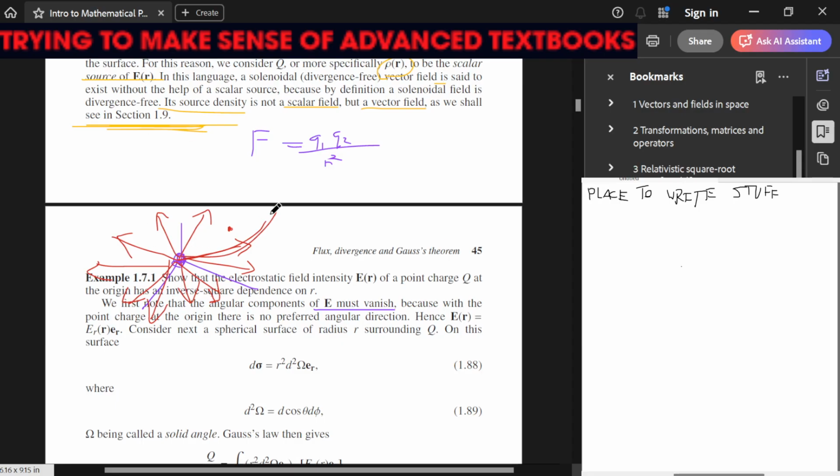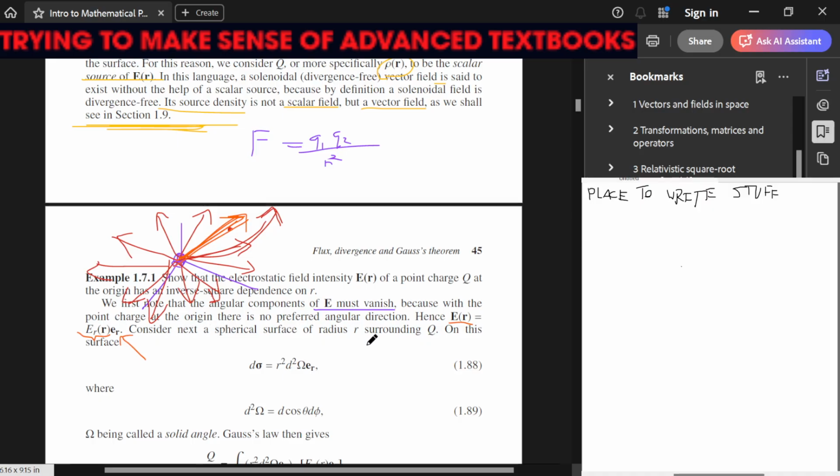The fact that it doesn't bend means that the electric field at any point would just be in the radial direction. Hence, the electric field at R equals the magnitude, and the direction is just radial.